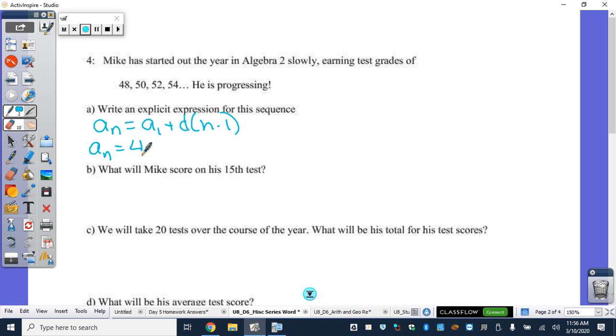So our a sub 1 is 48. Common difference is a 2. So distribute your 2, combine your like terms. What does our equation end up being? 2n plus 46.